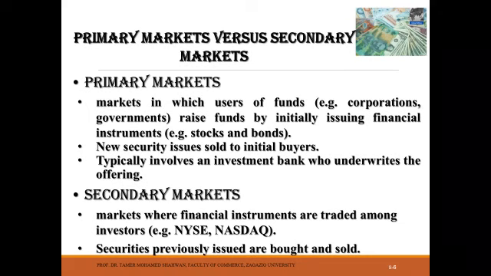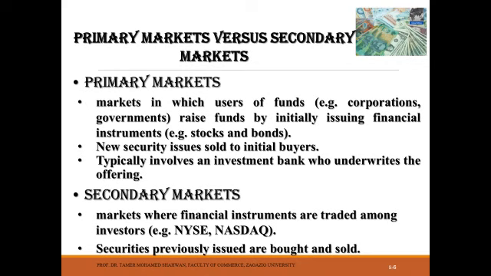After the stock and bonds have already been issued, any further trade on such a type of stock or bond will be traded in secondary market. The secondary market are those markets where financial instruments are traded among investors.